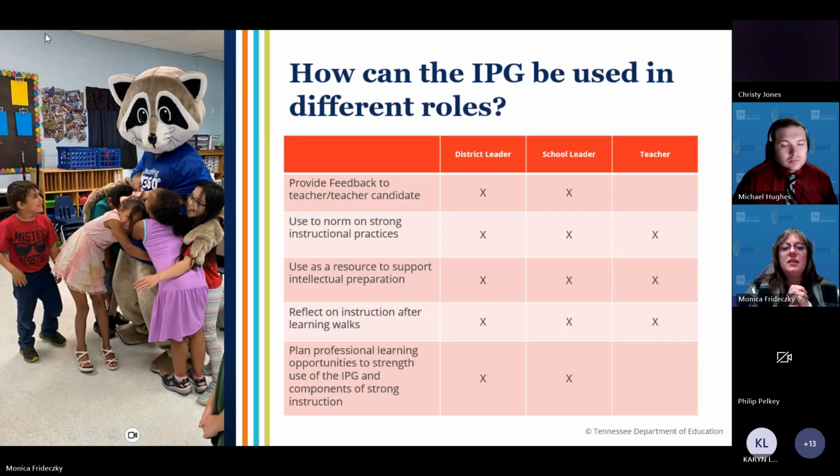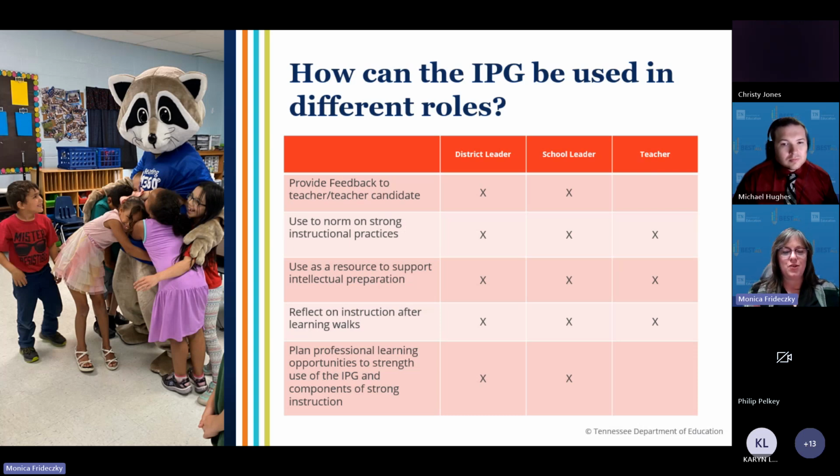Okay, so here are some ideas on how the IPG can be used in different roles. And I know that I'm running out of time. If you notice, the first and the last row is not marked for teacher. So providing feedback to the teacher or a teacher candidate, of course, is not the teacher's role.